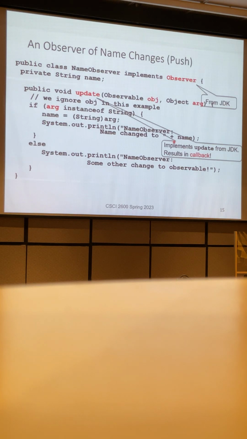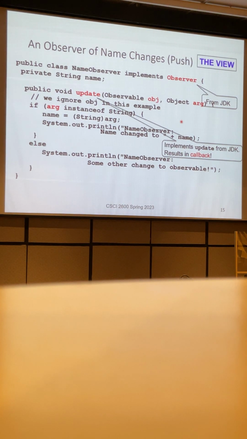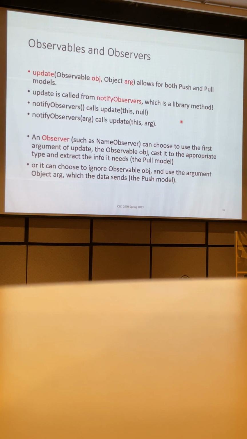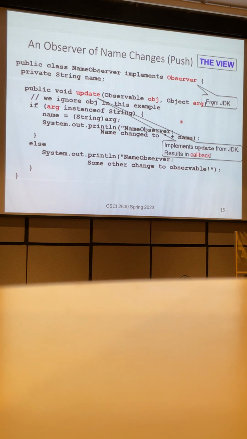We call their update method and provide both arguments, but here we do not use the obj argument. We just use the arg, which is a reference to the new data. So that's the push model.